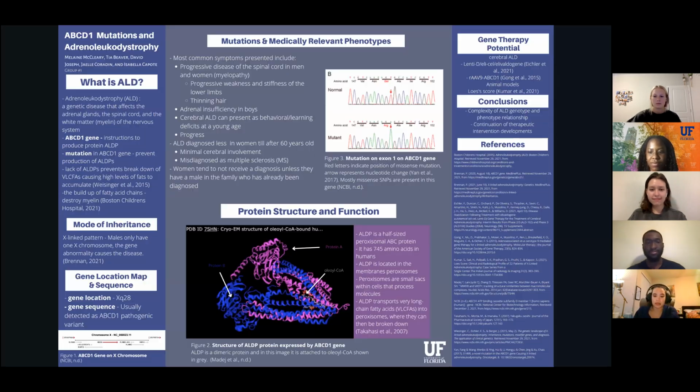So I'm going to be covering some of the medically relevant phenotypes involved with adrenoleukodystrophy, ALD. As we said before, we spoke about myelopathy, which involves the disease of the sheath around the spinal cord, and it would be commonly seen as progressive weakness and stiffness in the lower limbs, thinning hair, and at a younger age, in boys more typically, you would see adrenal insufficiency, and cerebral ALD, which is separate from the regular ALD.